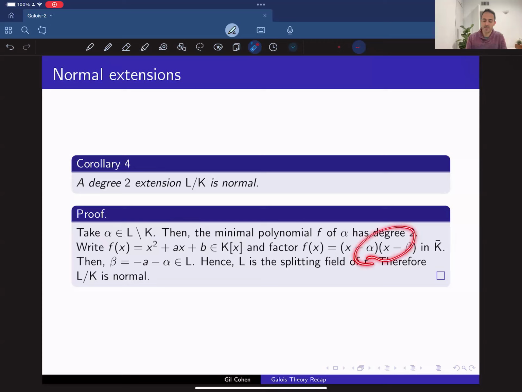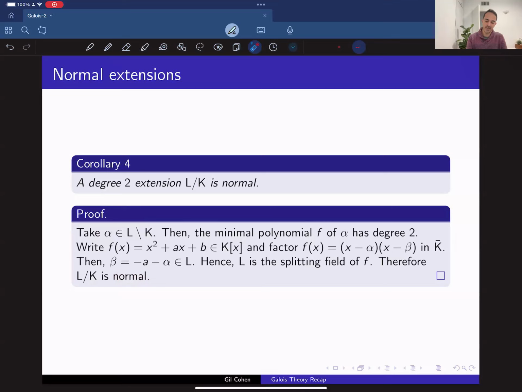So here it's minus alpha minus beta, and here it's a. So good. So what do we know about beta? Initially beta was taken from K bar, but we know that alpha is in L, and a is in K. So it's definitely in L. So this thing, which is beta, is also in L.